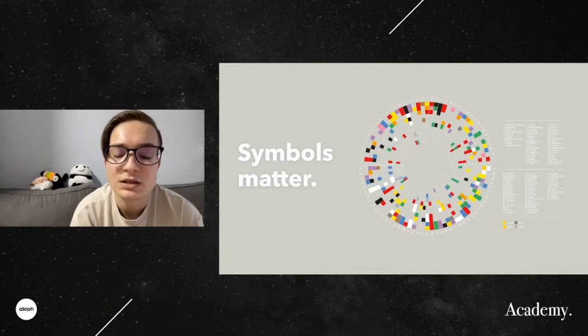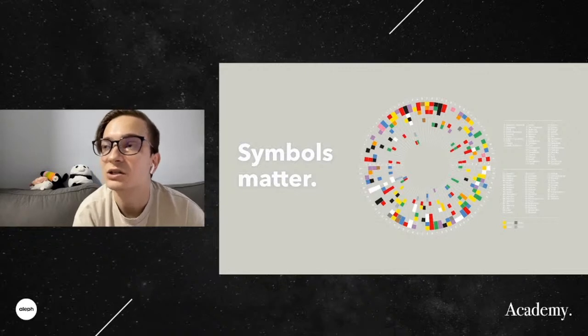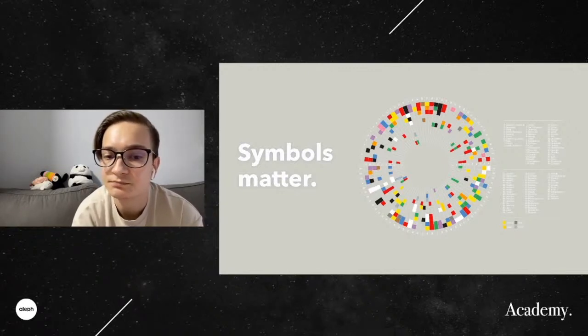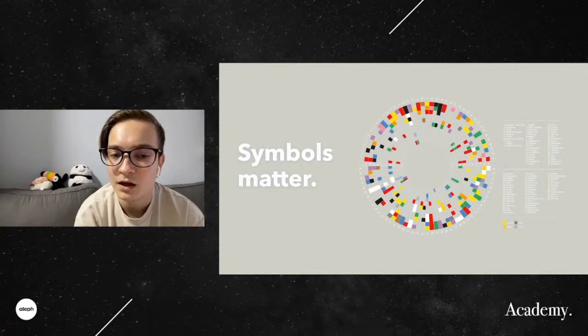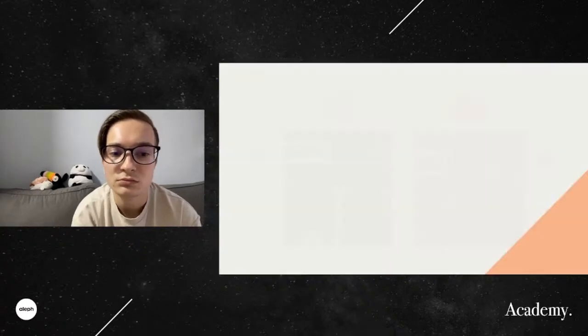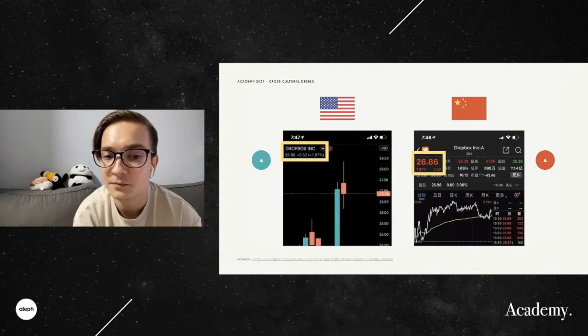You see, symbols, imagery, words, phrases, colors, they can have different meanings in different cultures. So as you see here, different colors can represent different emotions. And the same goes for a lot of things. So red can represent growth in one culture, but can also stand for a downfall for another.